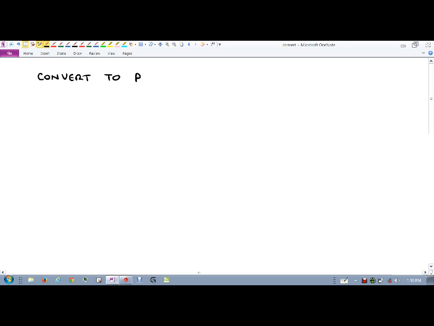So let's say we want to go and convert to polar coordinates. All right, so what are our conversions? We say x is equal to r cosine theta. We say y is equal to r sine theta, right? Now, just to show you how things work with the formula, can we do this instead? x equals u cosine v, and then over here, y equals u sine v.